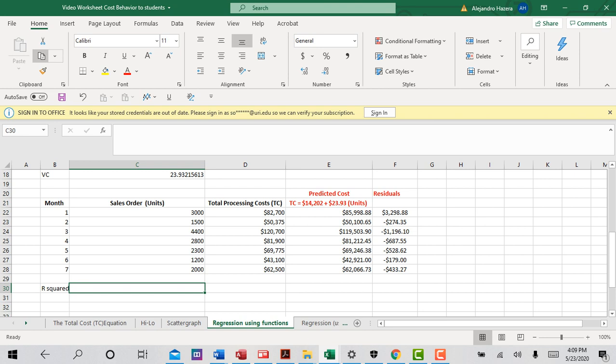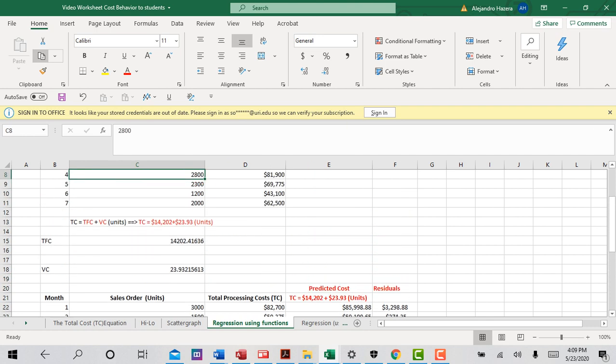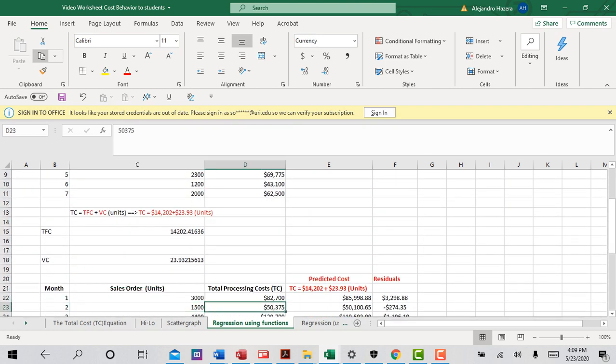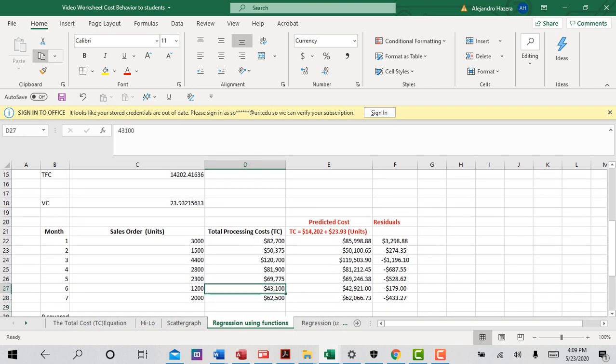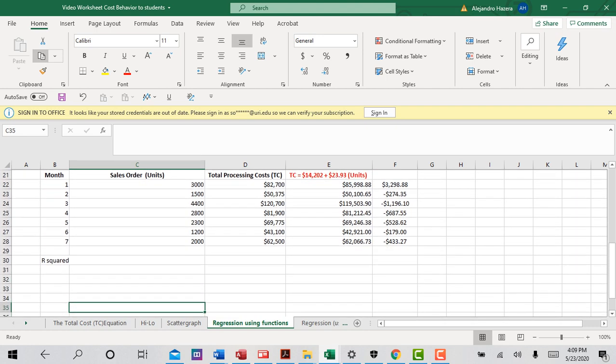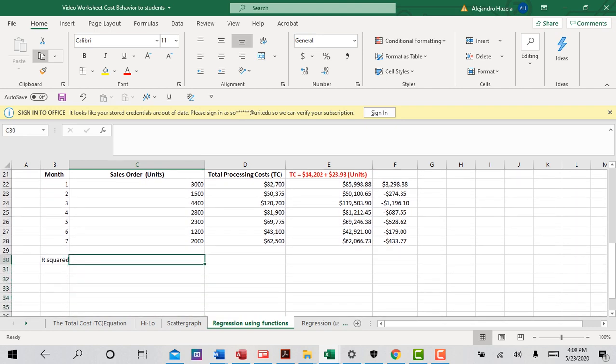So in this case, your R squared would tell you how much of the variation in total processing costs is predicted by changes in sales orders, because there could be other variables too. Total processing costs, maybe the salaries of your salespeople, their incentives, and all that stuff.